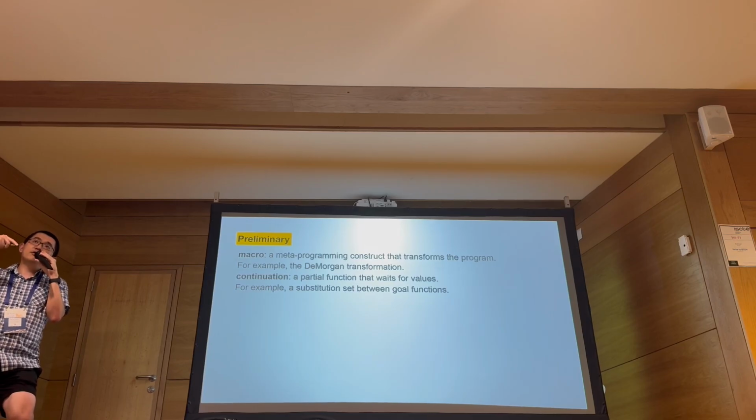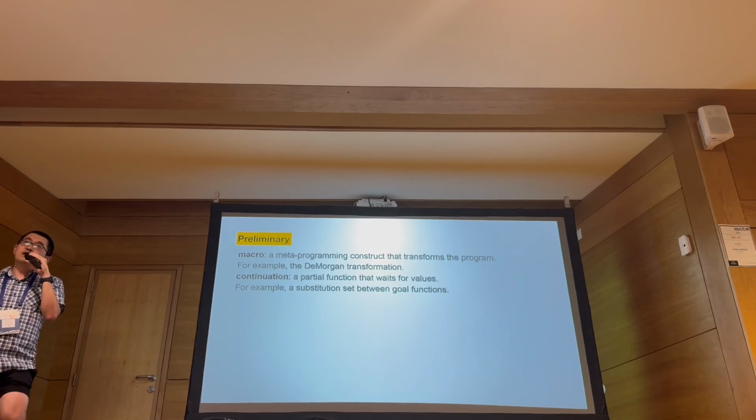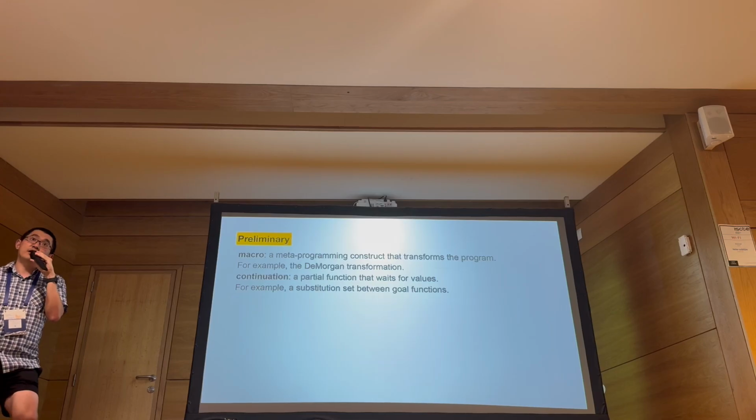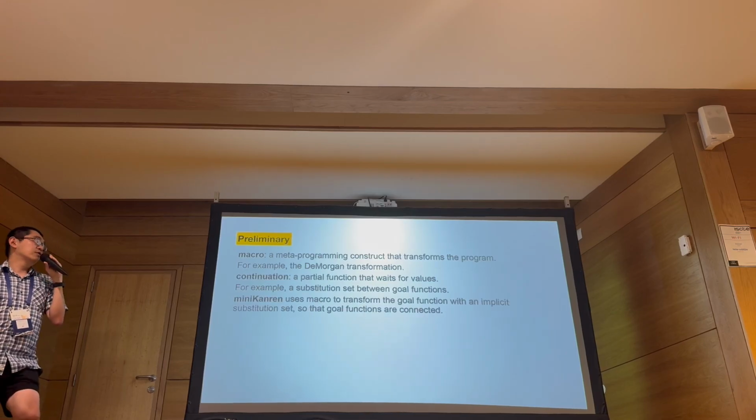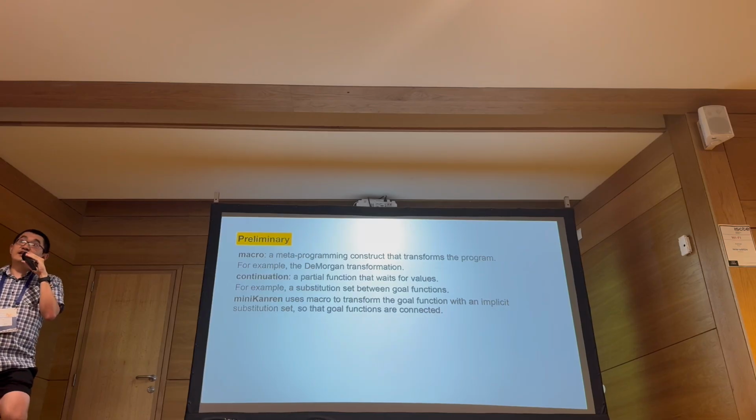Once you prove it, you pass down the updated substitution set to the next goal function. So continuation is basically just connecting all these small pieces together. Using these two ideas, miniKanren uses a macro to transform the goal function by attaching this implicit substitution set to it, so all the goal functions can be connected. This is how the resolution process gets started.